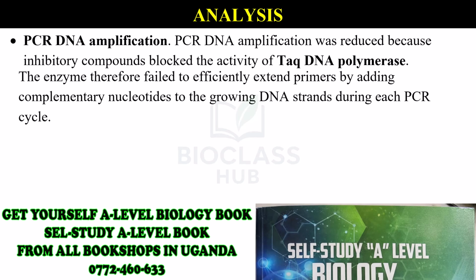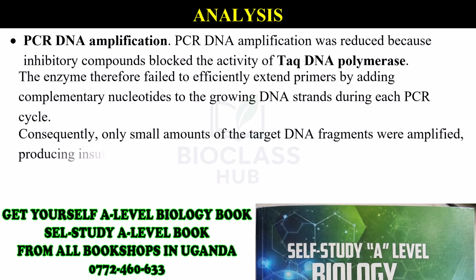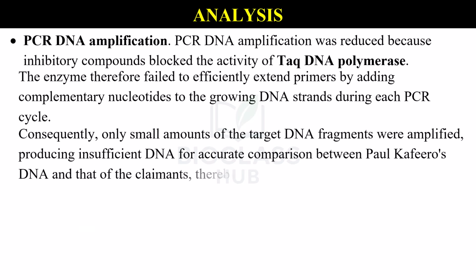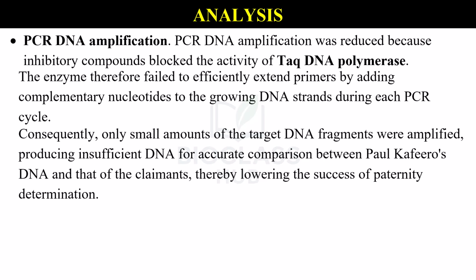Consequently, only small amounts of the target DNA fragments were amplified, producing insufficient DNA for accurate comparison between Paul Kafeero's DNA and that of the claimants, thereby lowering the success of paternity determination.